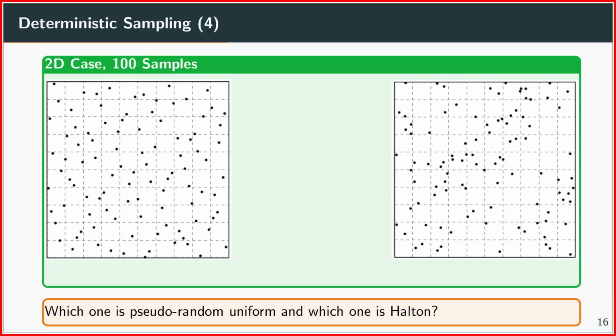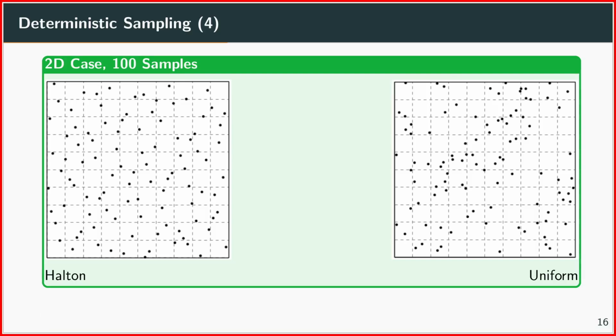I would say one really bad property of pseudo-random numbers is that you have this clustering. For example, if you look at this picture here, you see a lot of points are here, maybe a lot of points are here, but then there are larger areas where you don't have any points. This is usually something which we don't want to have for motion planning because we want something which covers the space really uniformly and doesn't discriminate against some of the regions.